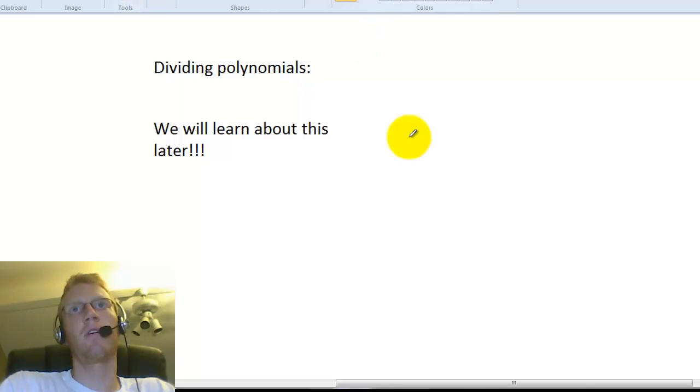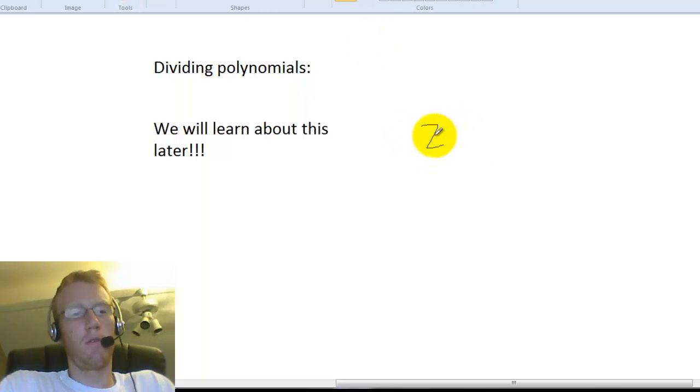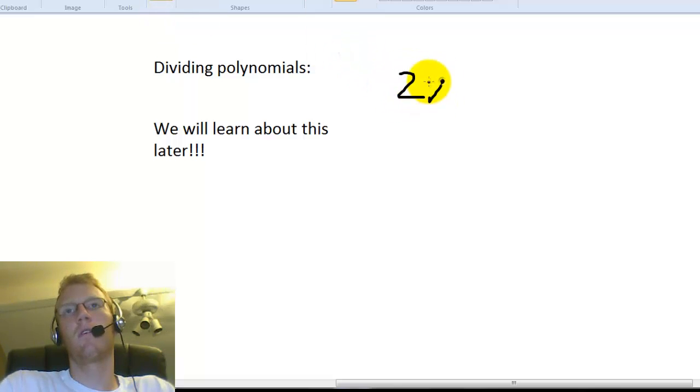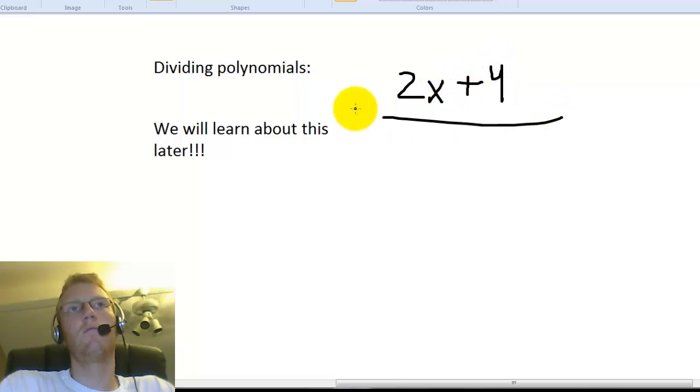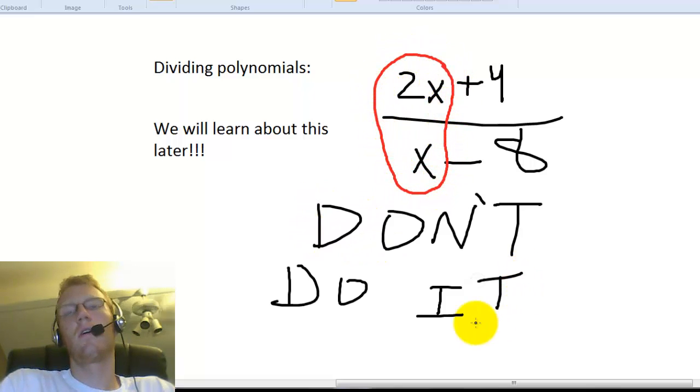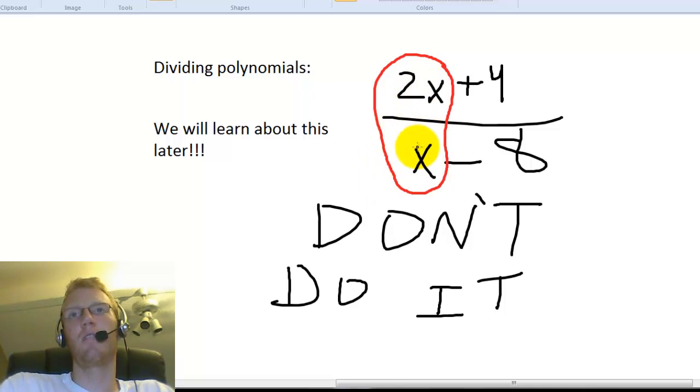Suppose you have 2x plus 4 over x minus 8. You absolutely cannot just combine pieces with pieces.